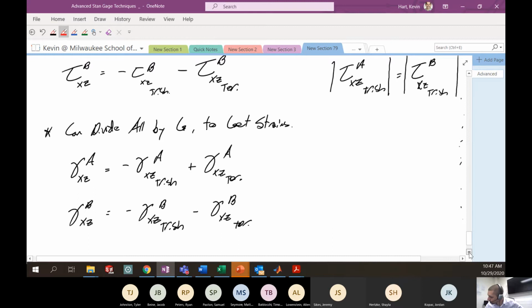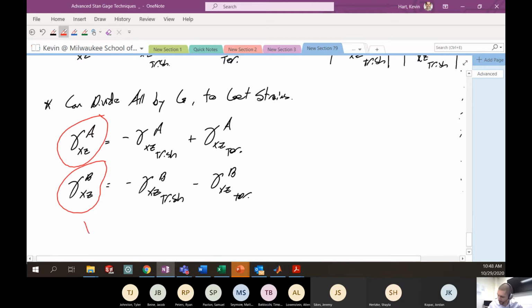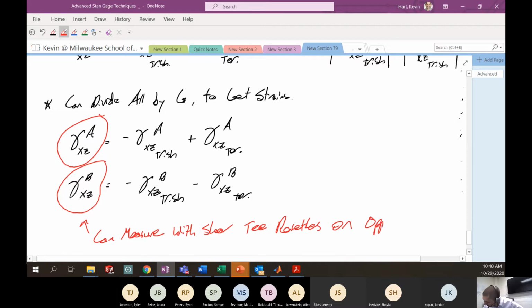Now, if I want to measure the shear strain at point A and the shear strain at point B, I could measure these using a shear tee rosette on opposite sides of the bar.